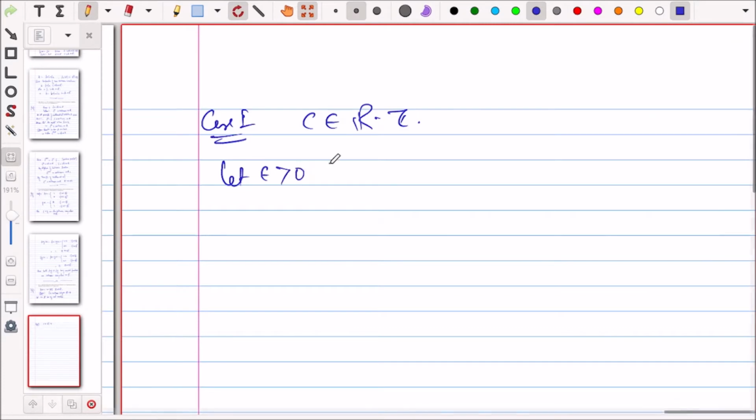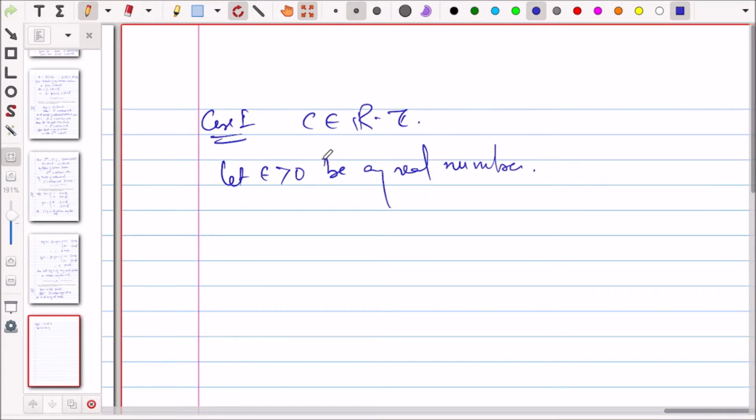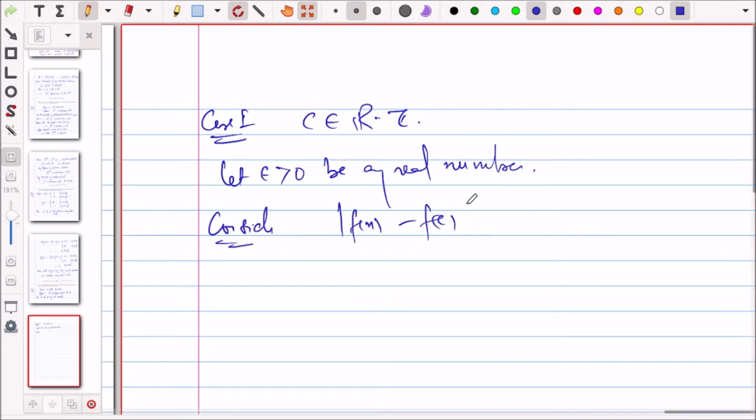Let epsilon greater than 0 be any real number. Consider f(x) minus f(c). So this is x minus [x] minus c plus [c].